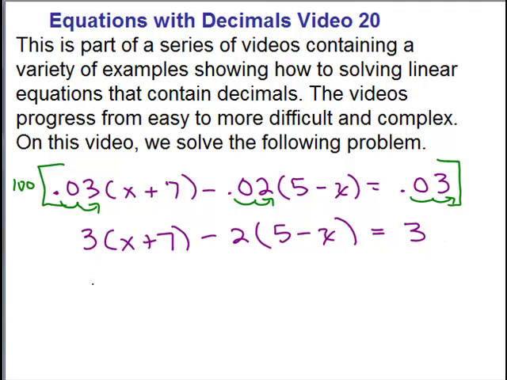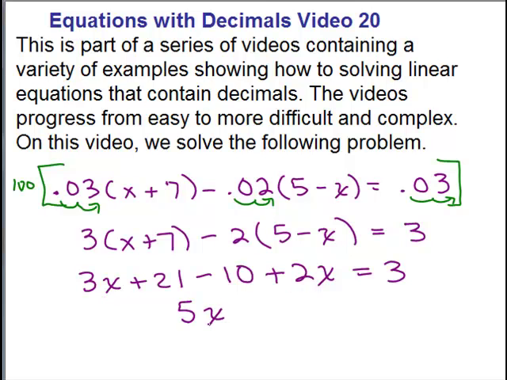So let's go ahead and finish. Actually, you could finish from here probably pretty easily. So we have 3x plus 21. Remember to distribute your minus sign here, so it's a negative 2 times 5, minus 10, and a negative 2 times a negative x is a plus 2x. And then we'll just combine like terms over here. 3x plus 2x is 5x, plus 21 minus 10 is 11, equals 3.